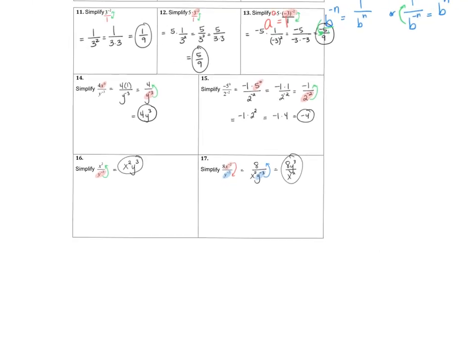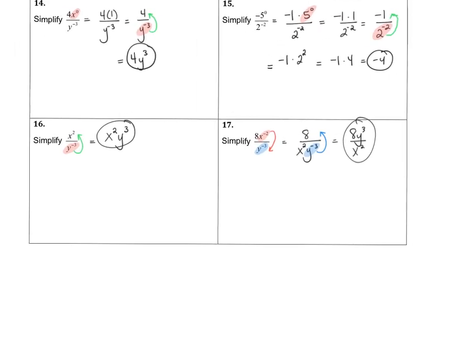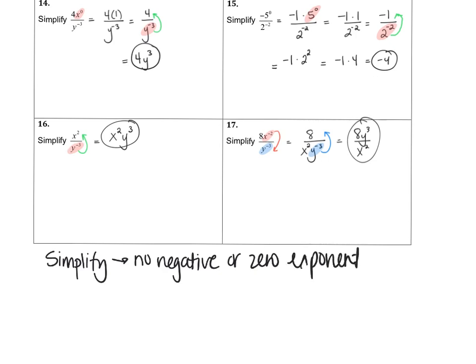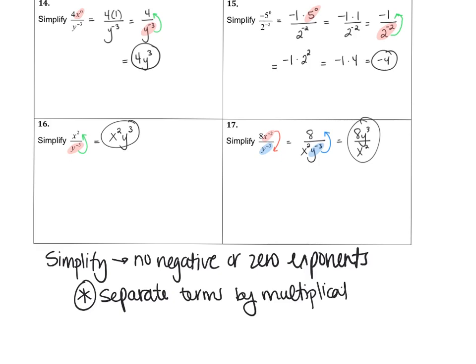All right, so remember, if we're simplifying, that means we want no negative exponents or 0 exponents. When we're solving these things, we want to space things out, separate our terms by multiplication, so we can identify the base.